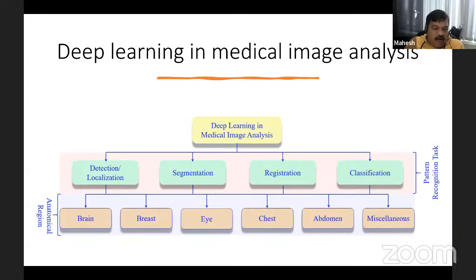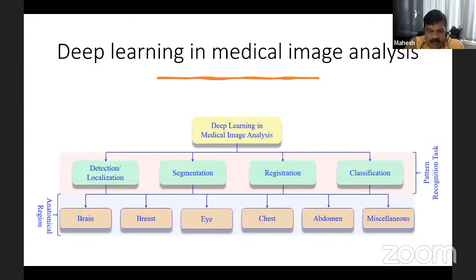And then anatomical regions: which anatomical regions of the human body can we treat, or are we using deep learning on? If we survey that, you will find deep learning is used in different anatomical regions: brain, breast, eye, chest, abdomen, and some miscellaneous regions.